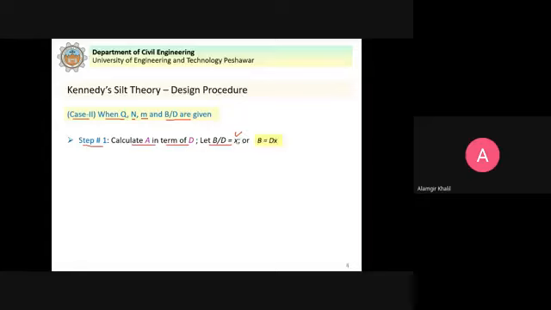So from here we have B is equal to D times X. Now we have this area equation for the trapezoidal channel. If we take the side slope as half to 1, this is the trapezoidal channel here.